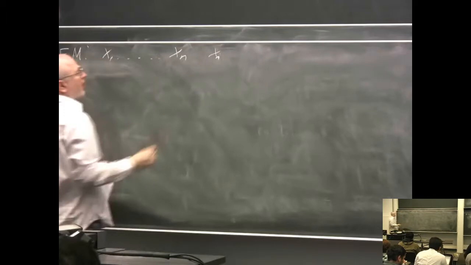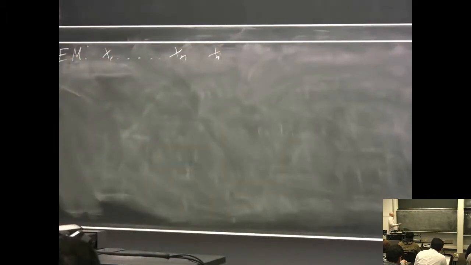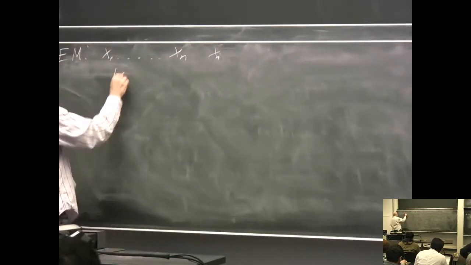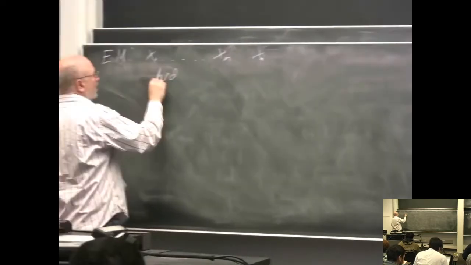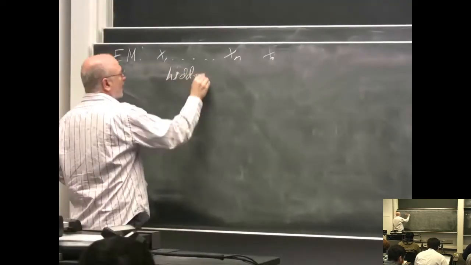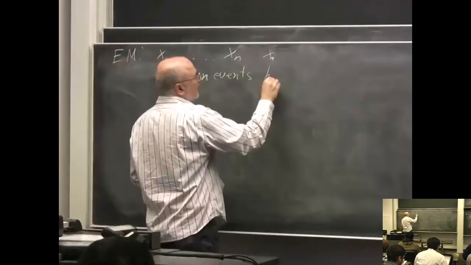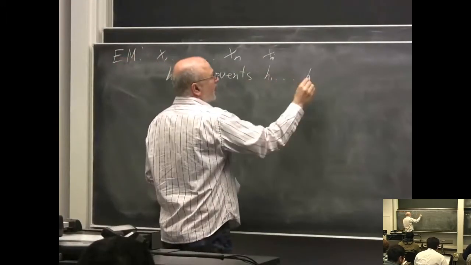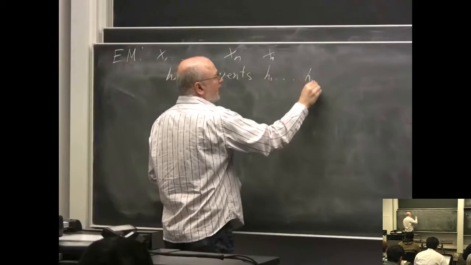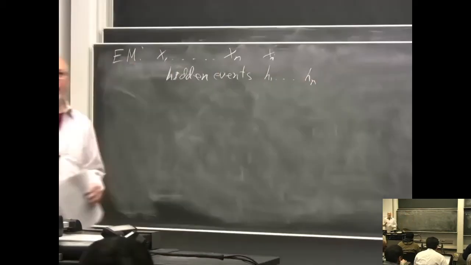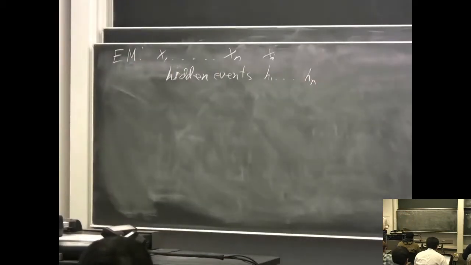And then there are hidden events. They could be h1 through hn, but within each one, there may be multiple latent variables that we define.